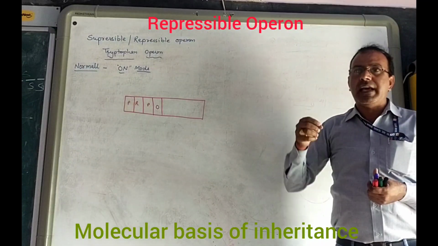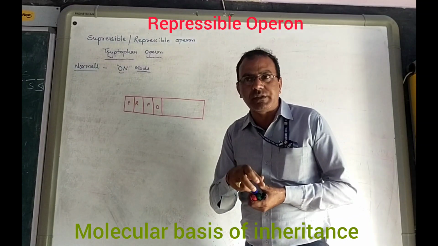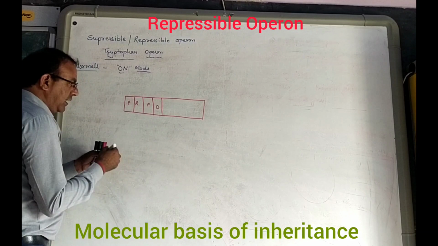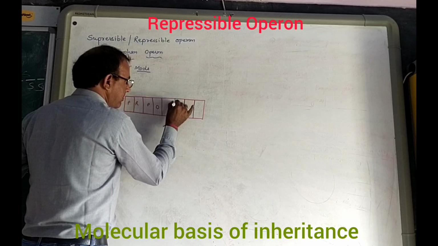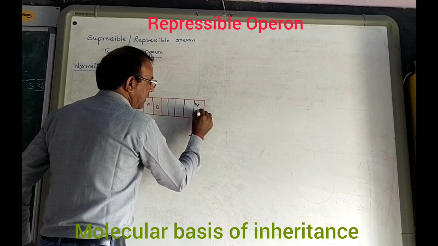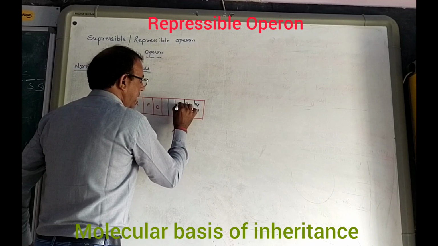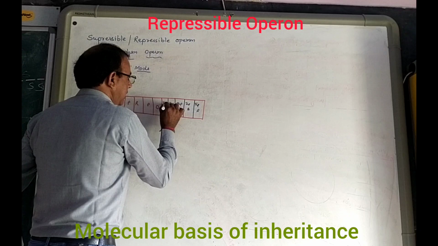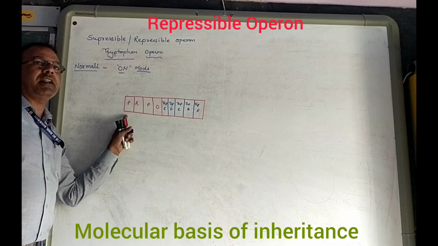There are 5 structural genes: trpA, meaning tryptophan A, tryptophan B, tryptophan C, tryptophan D and tryptophan E. These 5 are structural genes and this is the regulatory gene.